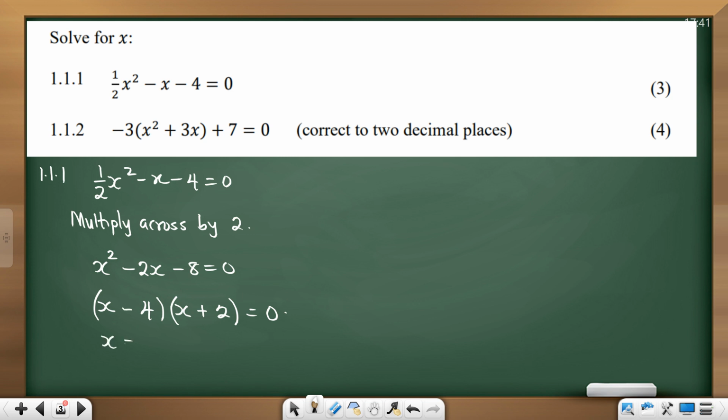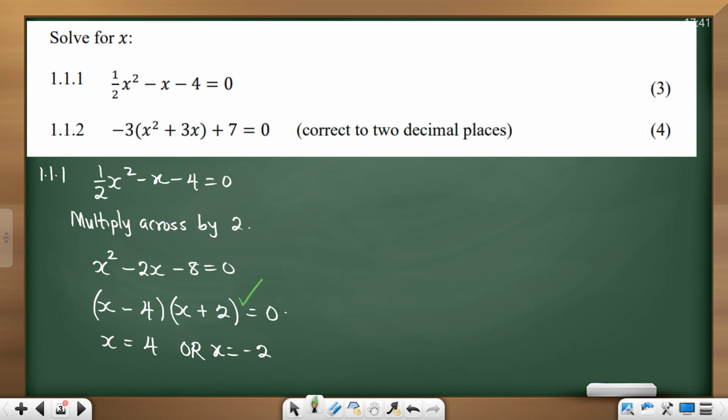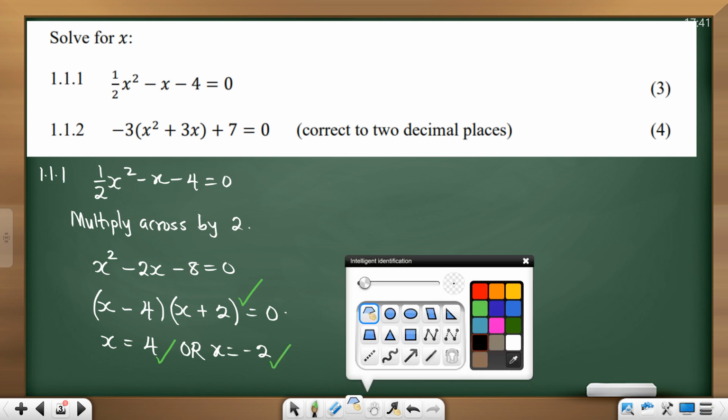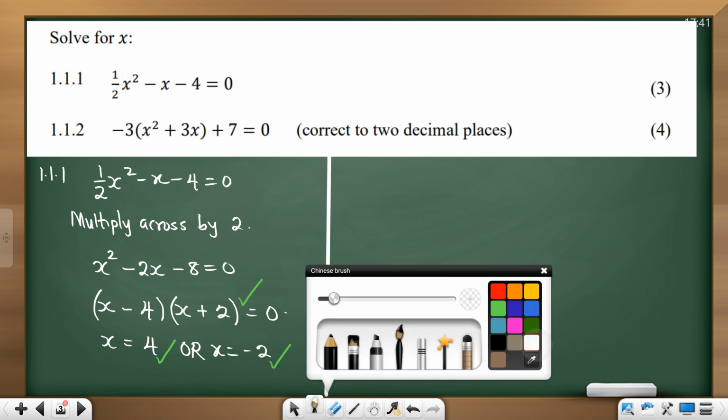There we go. Therefore, x equals 4 or x equals negative 2. Please, the or is very, very important. And this is how the examiner would mark. Your factors would give you one answer for that, and one answer for that. But please, don't use the word and. It is or.